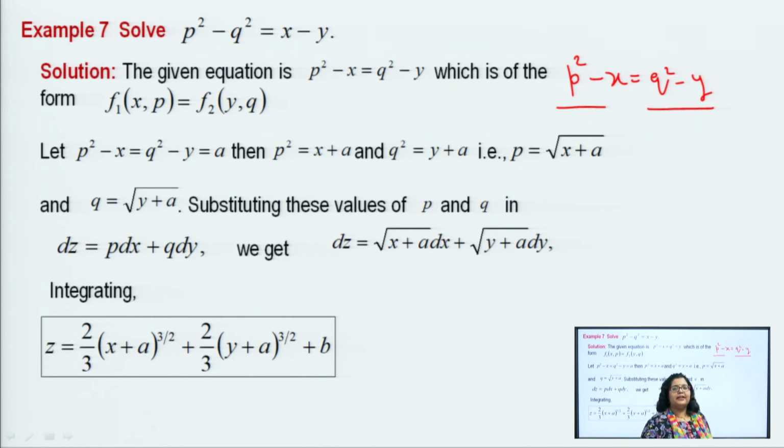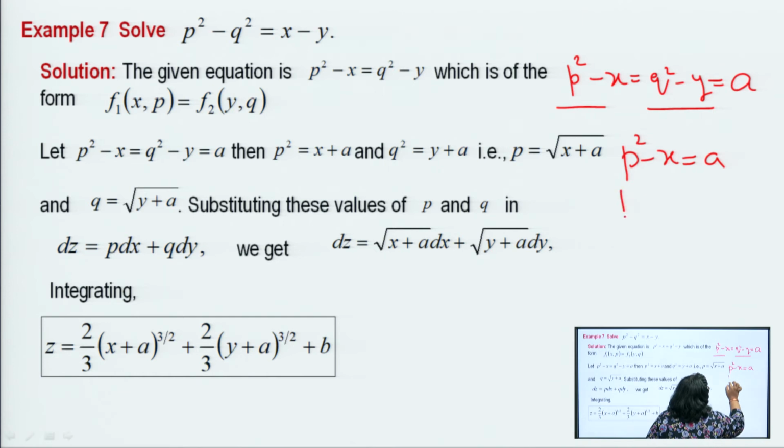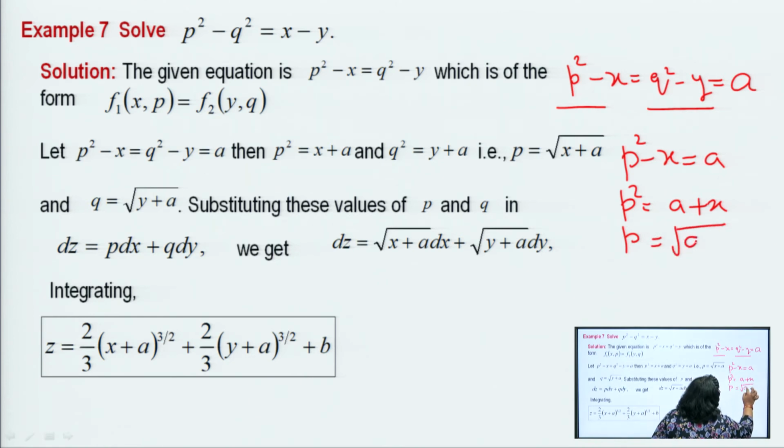That means this is type 4. To solve it, we assume this is equal to A. So p square minus x is equal to A, that means p square is equal to A plus x and p is equal to under root A plus x. And q square minus y is equal to A, that means q square is equal to A plus y and q is equal to under root A plus y.